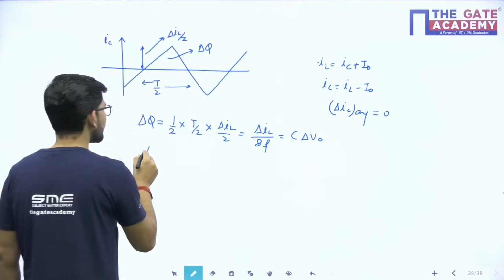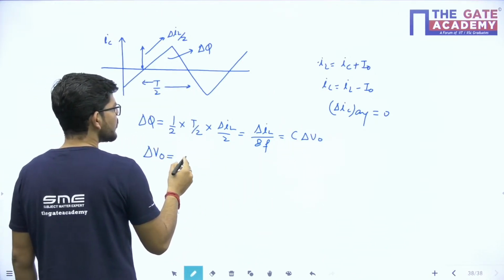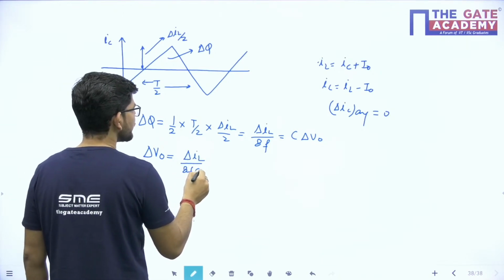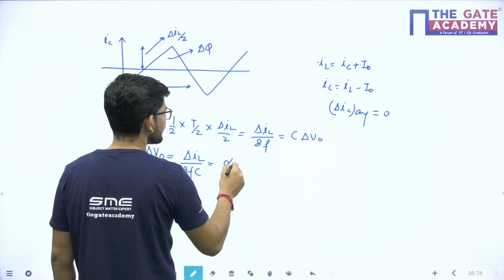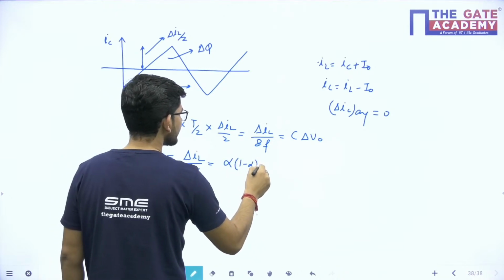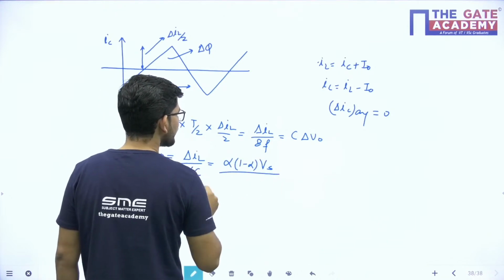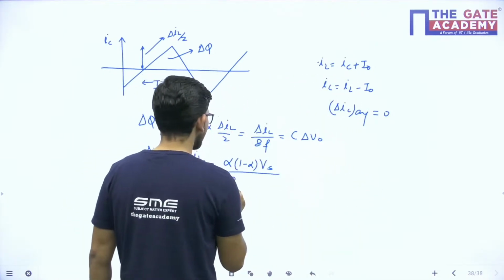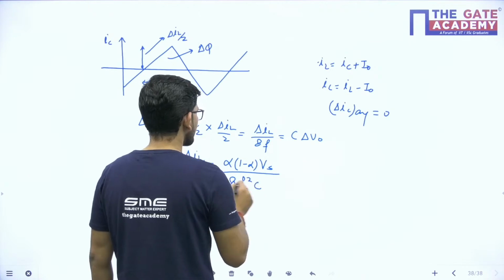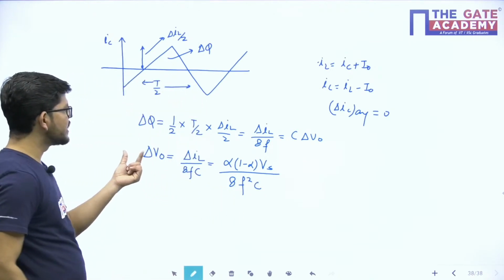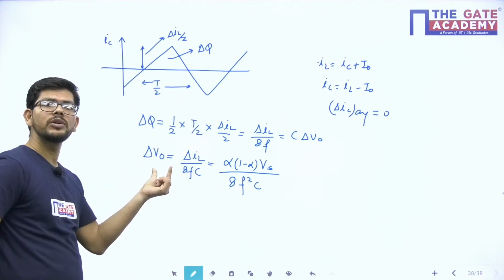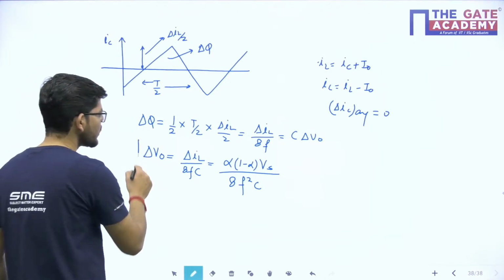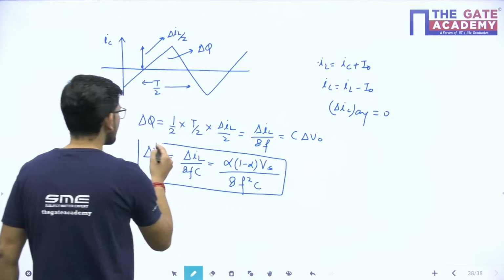So what will be the ripple voltage? The ripple voltage will be equal to del IL upon 8FC, or if you put the value of del IL, which is equal to (1 minus alpha) Vs upon FL, then you will get (1 minus alpha) Vs upon 8F square LC. So this is the ripple in the output voltage, and this is how you will calculate it.